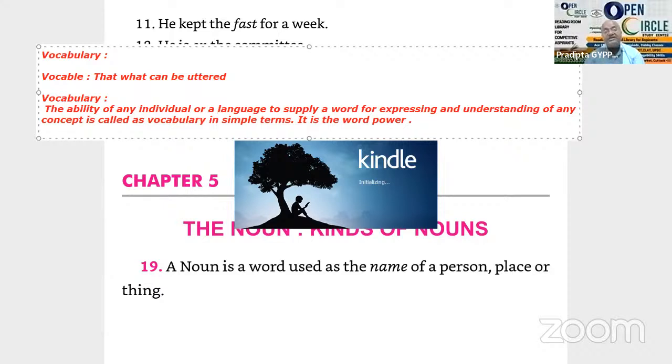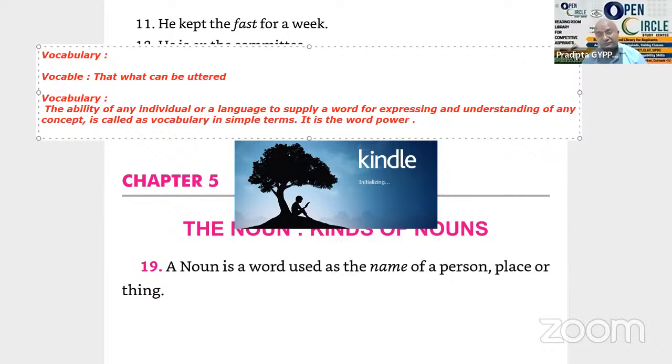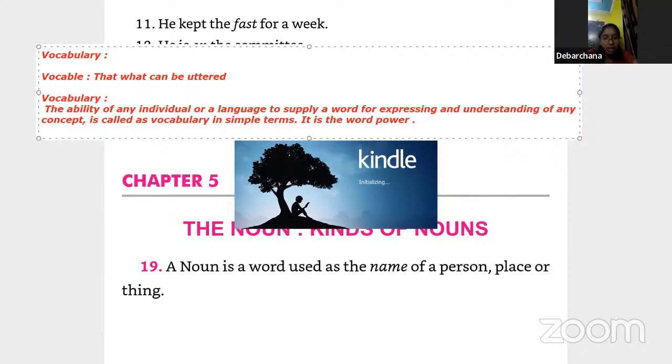Let's better understand with examples. Okay, for this I need one volunteer. Debarchana, yes, sir. What is the English word for Bappa? So, father. Sasura? A father-in-law. Samudi? So now you are silent.